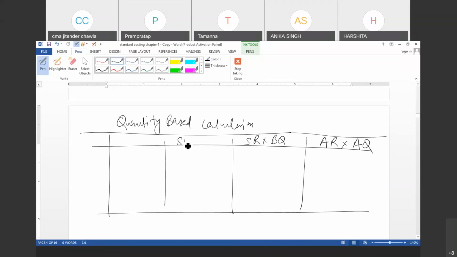This is SR into revised budgeted quantity. Earlier we had revised budgeted hours. Now we have quantity. Next one is SR into AQ first.